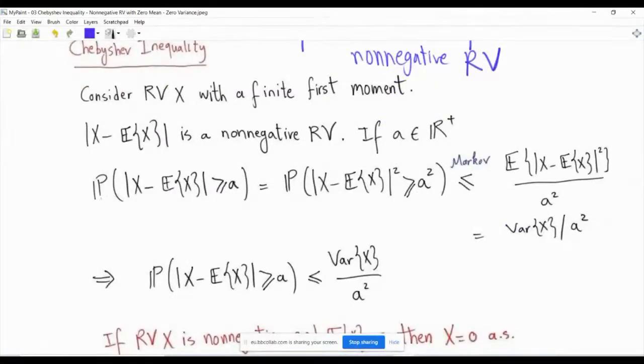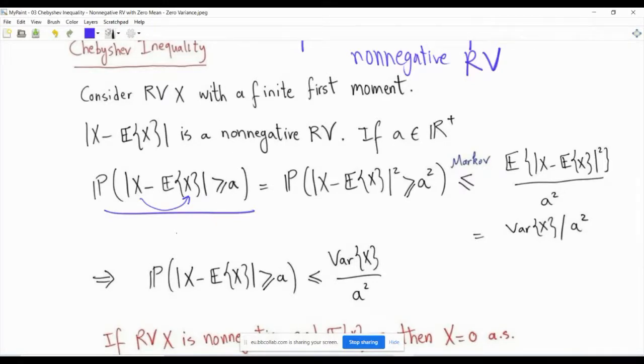And so we ask ourselves, what is the probability that the absolute value of X minus expected X is greater than or equal to a? Here we are basically trying to investigate the probability that X deviates from its first moment. What is the probability that the distance between X and its first moment exceeds a threshold value a?